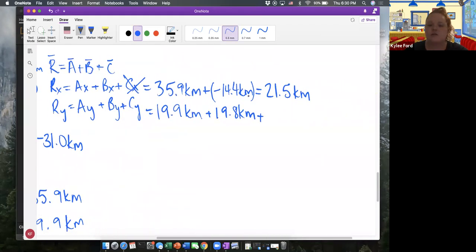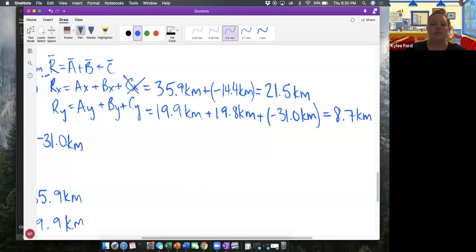Okay. So we have negative 31.0 kilometers. Okay, we add these together, 19.9, 19.8 minus 31, and we get 8.7 kilometers.